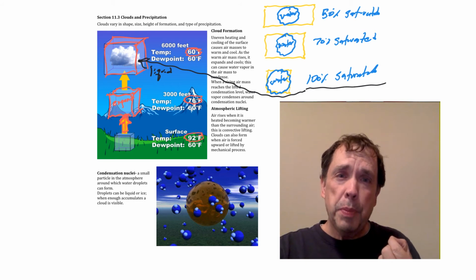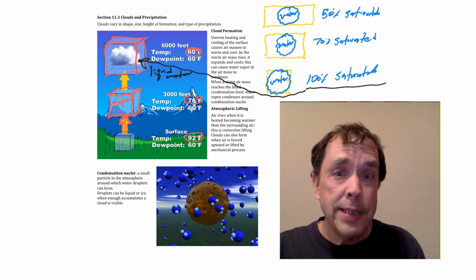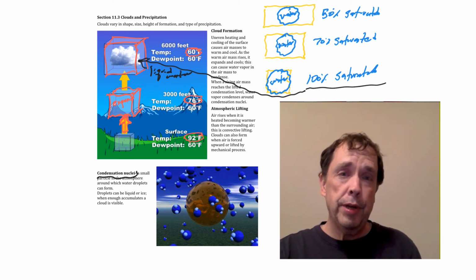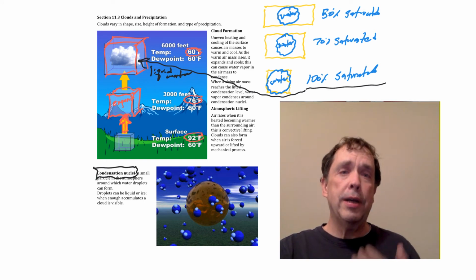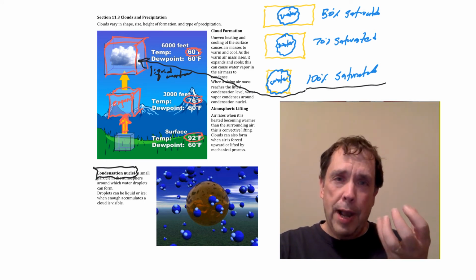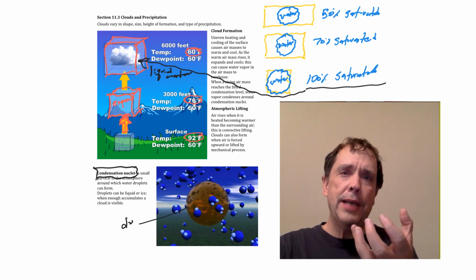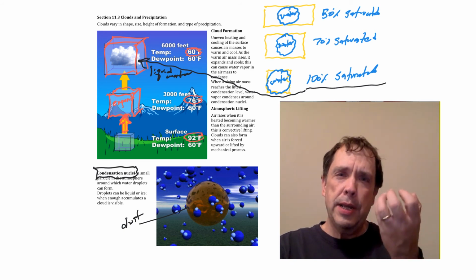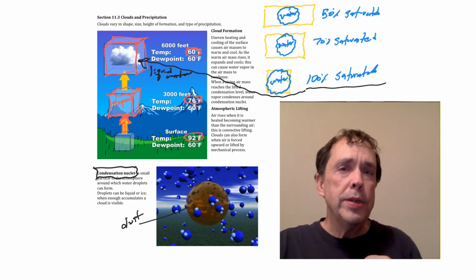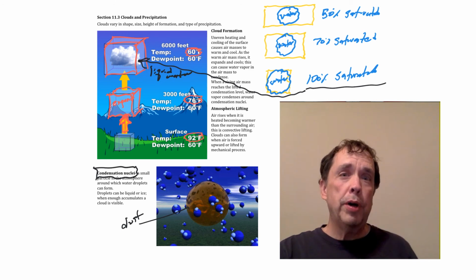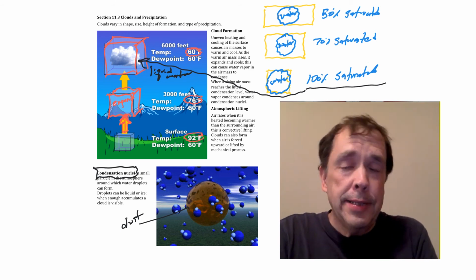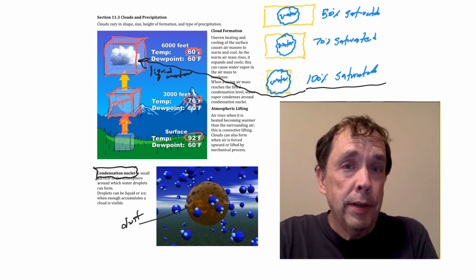You've got little dust particles called condensation nuclei. See it over there. Condensation nuclei are little dust particles that attract the water, pulling it out of the gas phase into the liquid phase. Once you've got liquid water in the air, you can't see through it anymore. It becomes white.